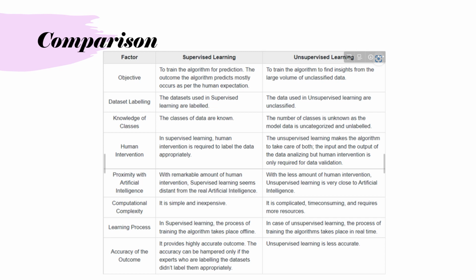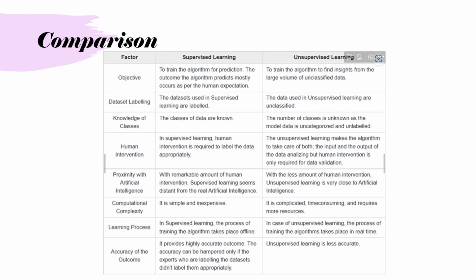In the case of supervised learning, dataset labels are given. We know the classes prior to the execution of the algorithm. But in the case of unsupervised learning, we don't know the classifications or categories. The dataset is unlabeled and we don't know the classes.